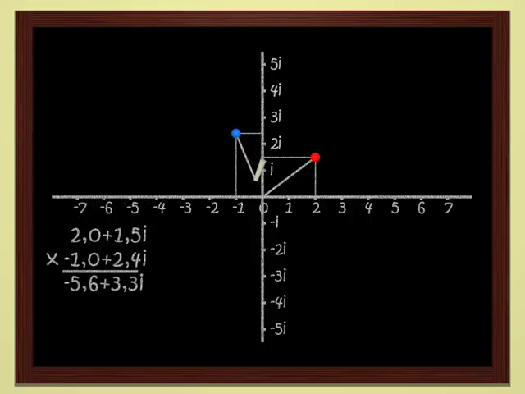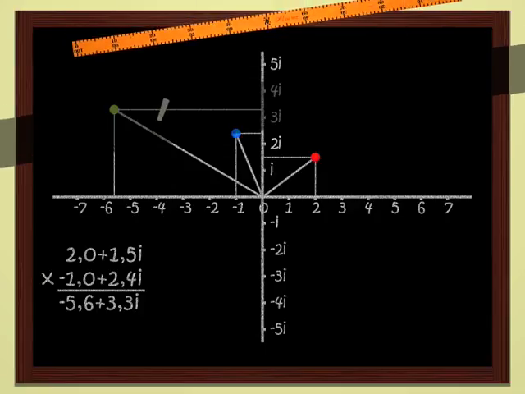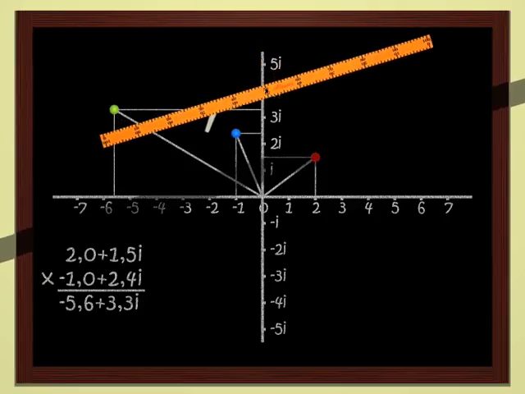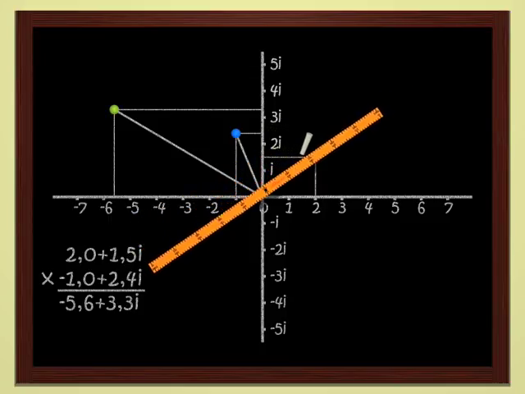Now's a good time to define two notions, the modulus and the argument of a complex number. The modulus of a complex number z is just the distance from the origin to the point that represents z in the plane. Let's use the ruler to determine the modulus of the red point, which is 2 plus 1.5i.